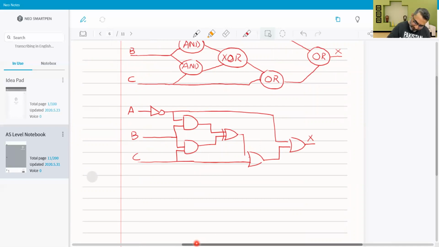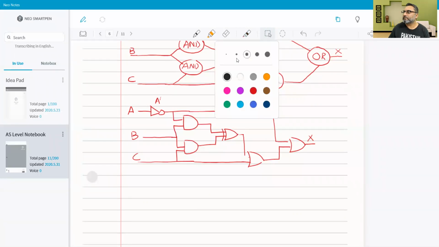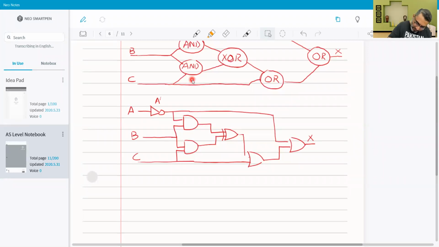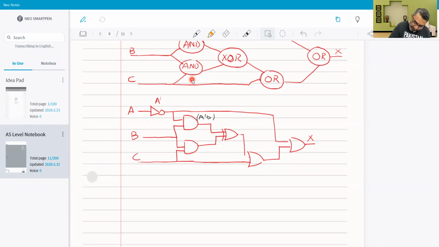And then we have got A naught, A naught B over here, B and C over here, and this would be A naught B exclusive OR B and C, and the bracket which is representing exclusive OR.